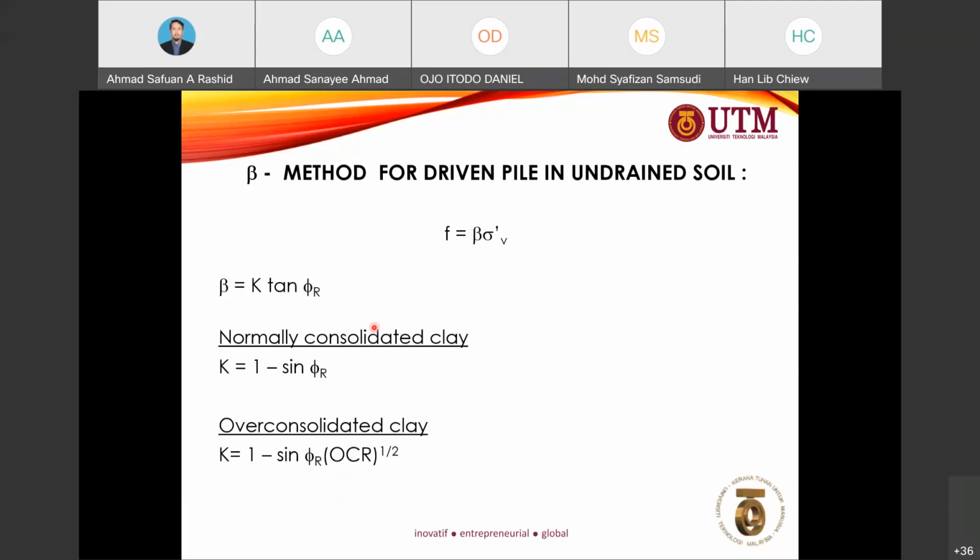Then we have beta. This is for the beta, and this is the formula. It depends on the type, either normally consolidated or over consolidated.